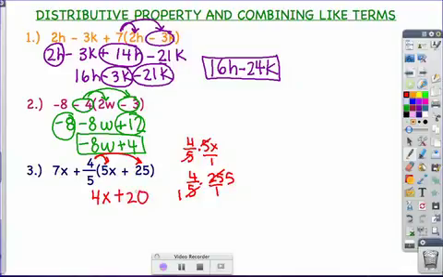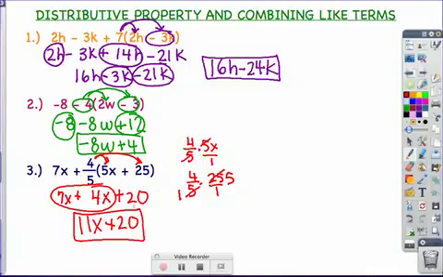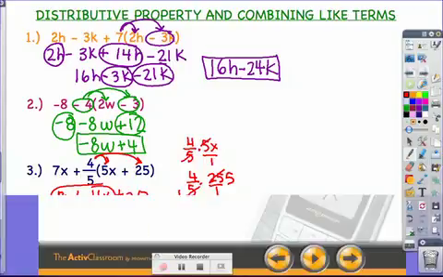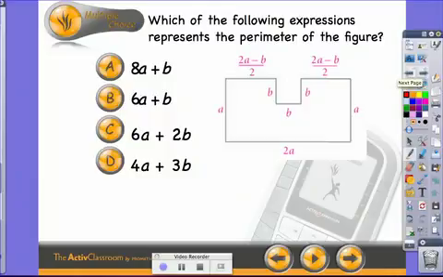Which of the following expressions represents the perimeter of the figure? Well, we know that perimeter is when you add up the lengths of all the sides of the figures. In other words, 2a plus a plus a plus b plus b plus b plus 2a minus b over 2 plus 2a minus b over 2.